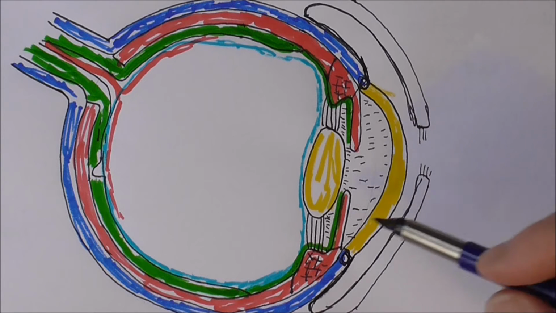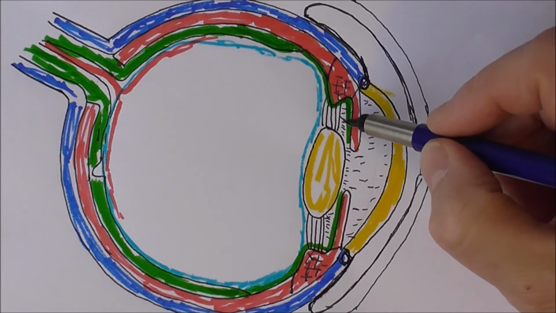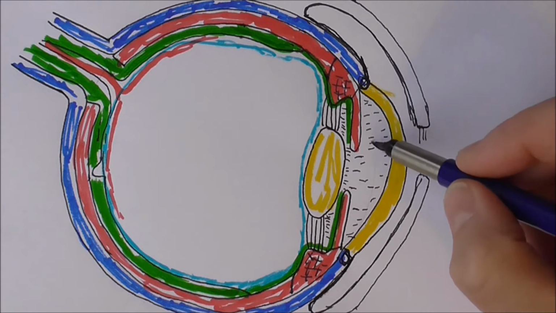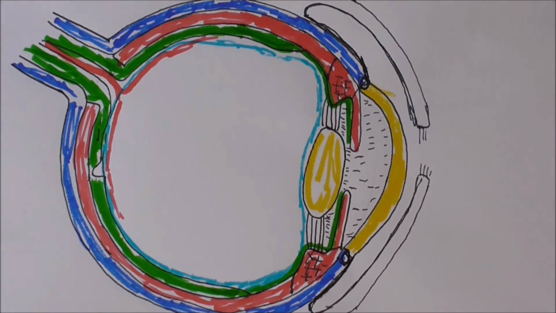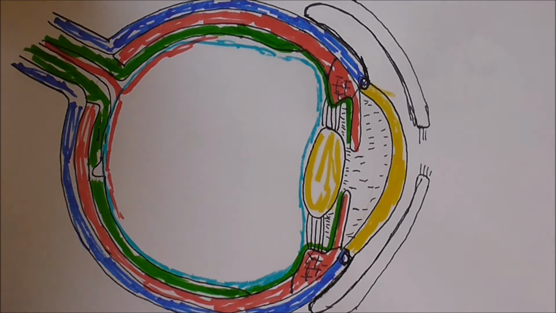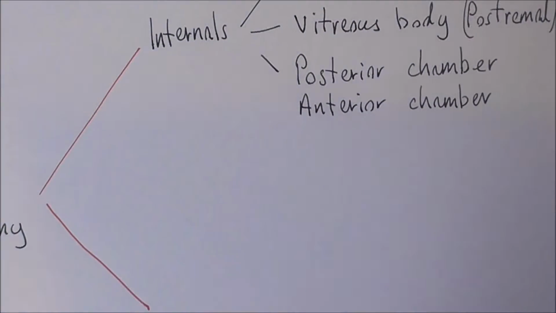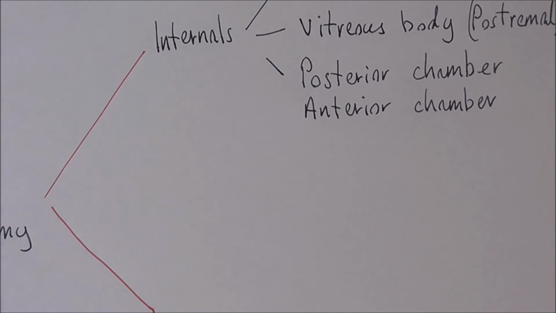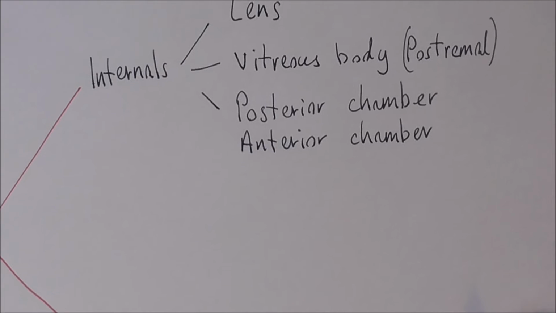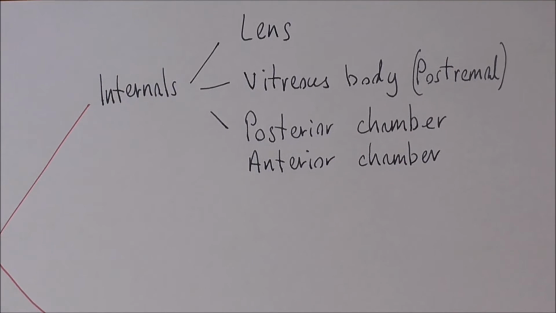So this is the iris, so the posterior chamber is here and the anterior chamber is here, but we notice that they're both filled with the aqueous humour. So they're internal structures.